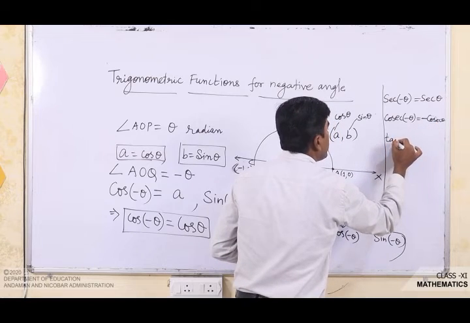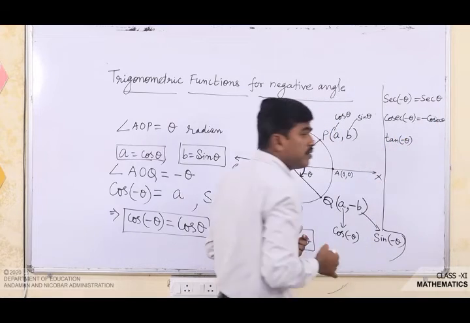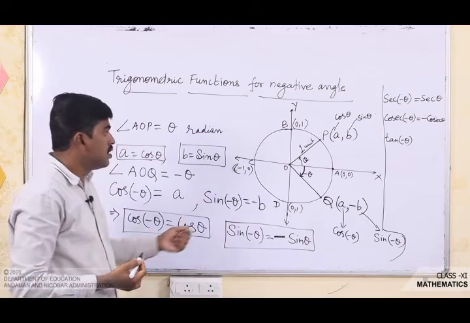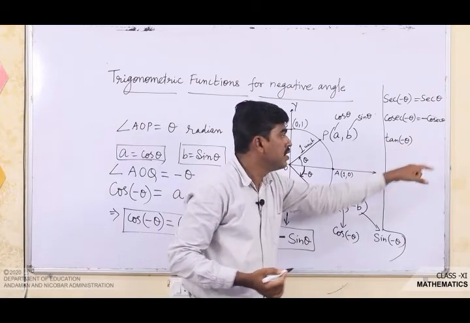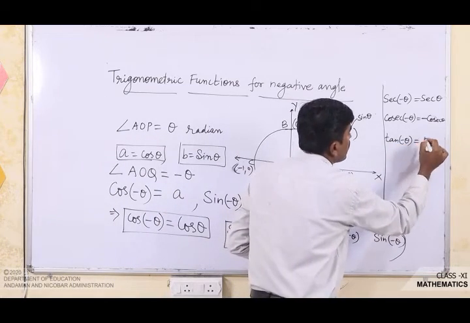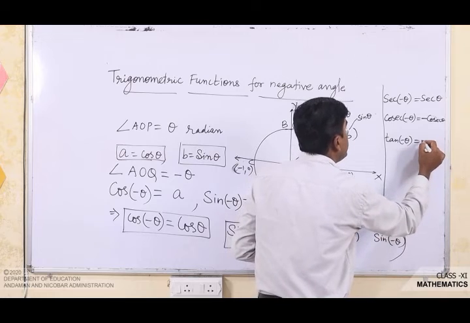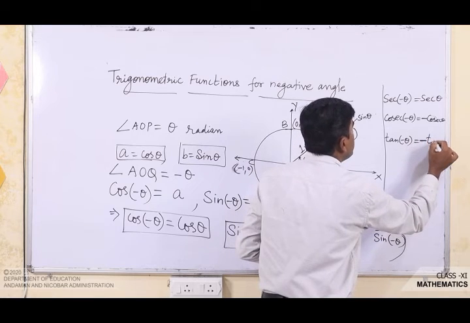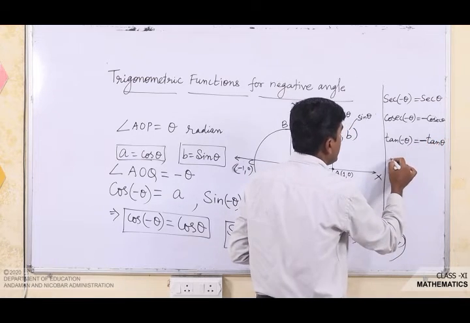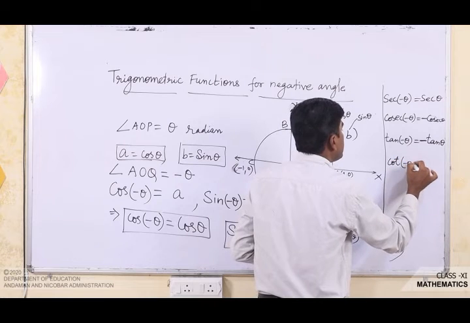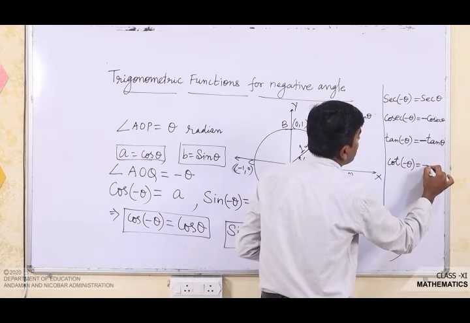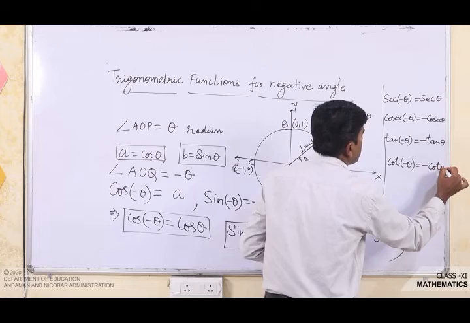And tan of minus theta, what is tan theta? You know, that is sin theta by cos theta. So tan of minus theta is sin of minus theta divided by cos of minus theta, so we will get minus tan theta. And cot of minus theta is equal to minus cot theta.